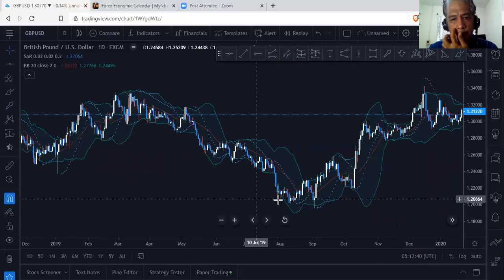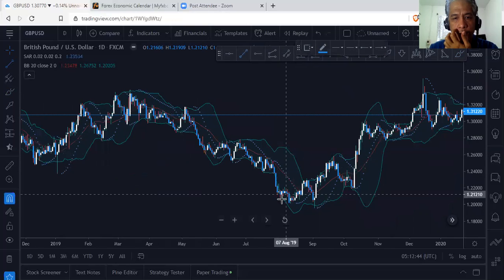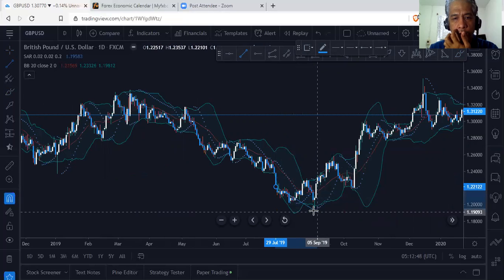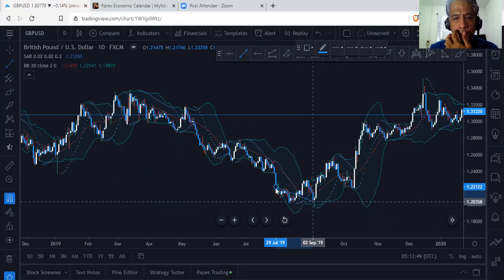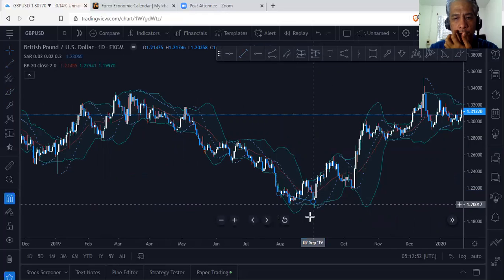See this one, 1, 2, 3. Even just looking at this one, you can see low 1, low 2, low 3. Sorry for that.